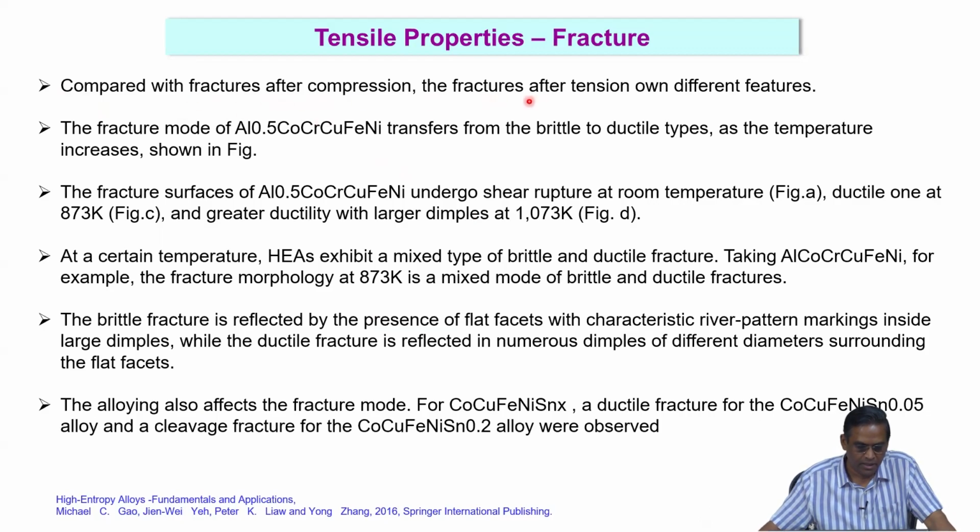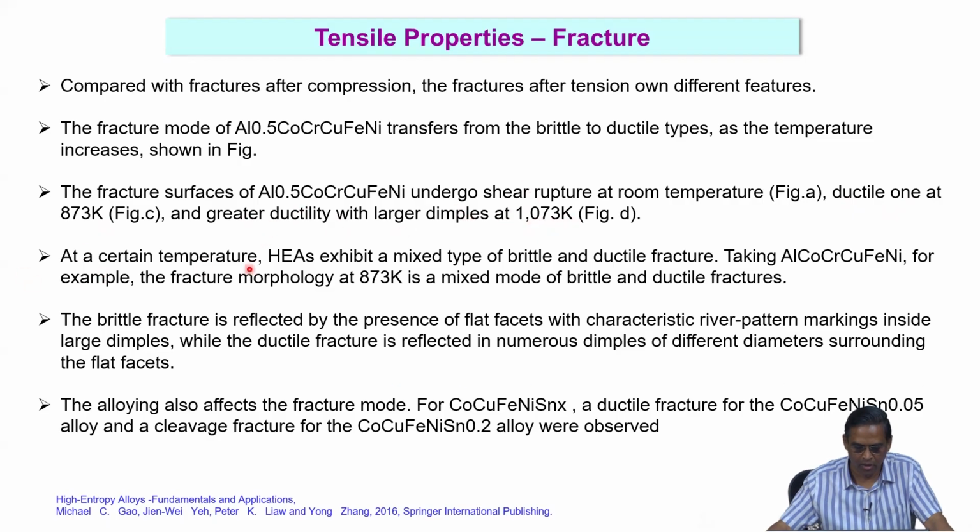So, let us compare the fracture surface after compression and tension, in 2 different ways, 2 different features, right. The fracture mode of this alloy transfers from brittle to ductile types as the temperature increases, as we have seen in the previous figure. The fracture surface of this alloy undergoes shear rupture at room temperature, a ductile one at 873, and greater ductility with larger dimples at 1073.